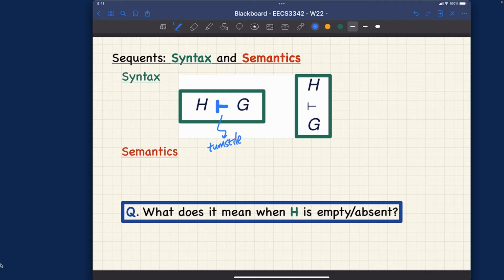For those of you who might be wondering why this is the term for this symbol, you guys might be too young to really appreciate this. The reason that it's called turnstile is because you can just Google, for example, subway and then turnstile. This is actually the old system where people who want to pass the gate got to pay first before they take the subway, and before they pass the gate to reach the platform.